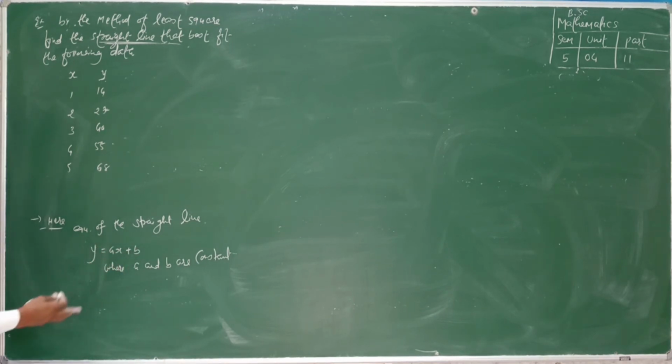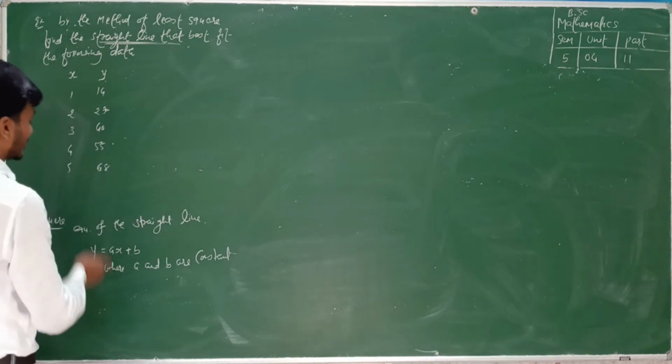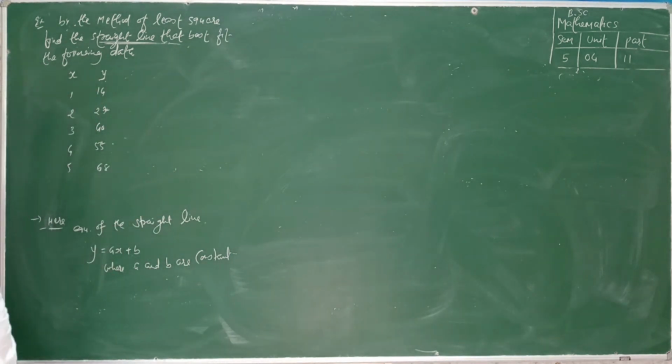So how do we find them? We know that for fitting a straight line, we derive the normal equations using the least squares method.